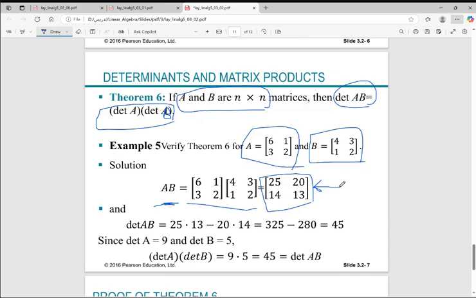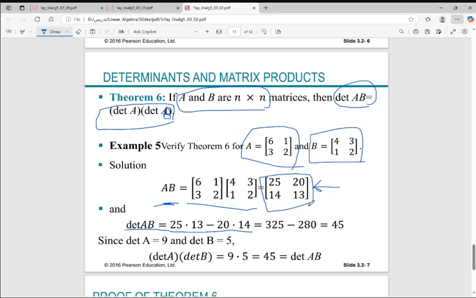25 times 13 minus 20 times 14, right? For a 2 times 2 matrix, you know how to easily and quickly compute the determinant, right?